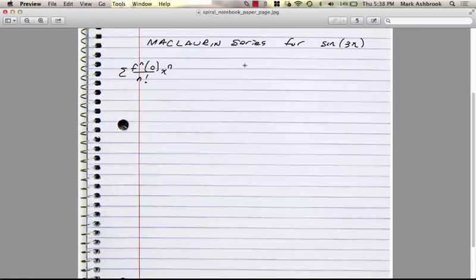I recommend making a little chart: n value, the nth derivative of our function, the nth derivative at 0. So n equals 0, 1, 2.